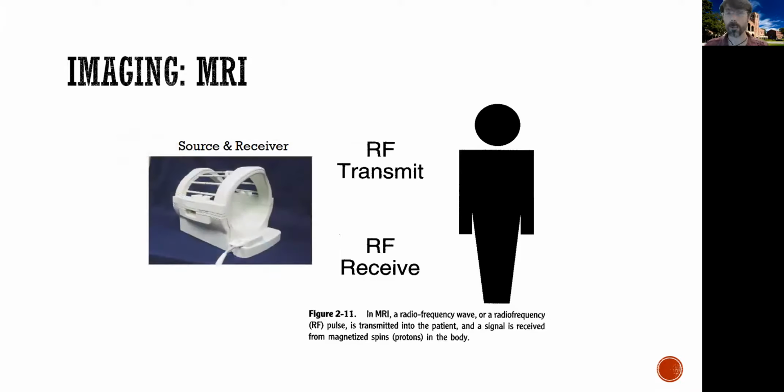Now, MRI is really no different. The slight exception is that in the case of conventional MRI, what emits the energy and what receives it at the end is the same device. It's known as a radiofrequency coil right here. But we will discuss how this works a little later on.